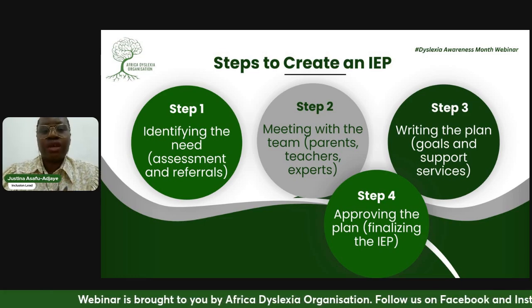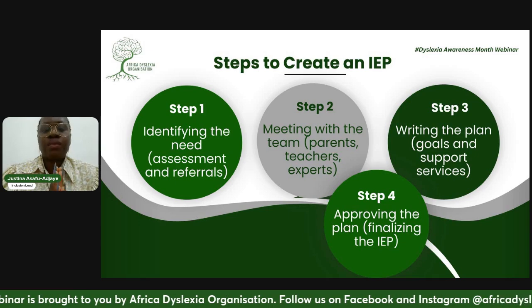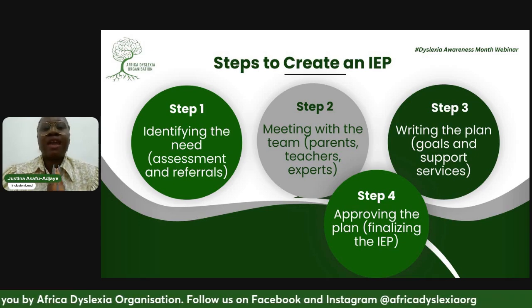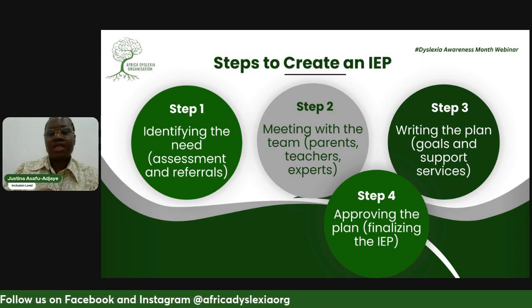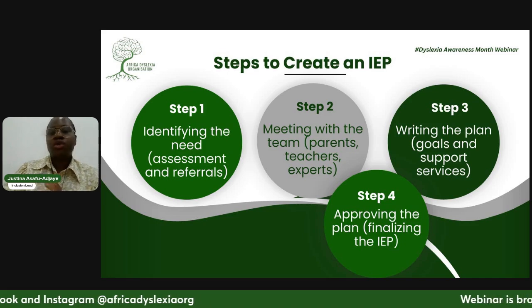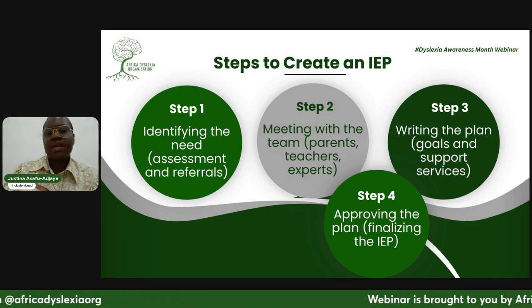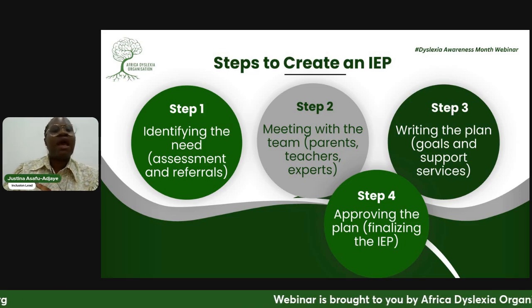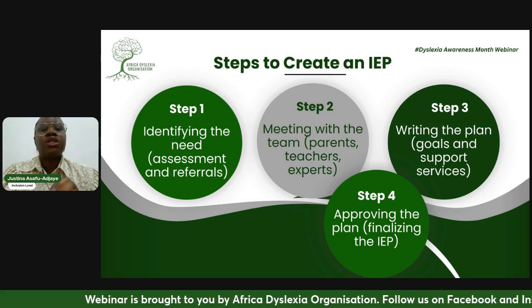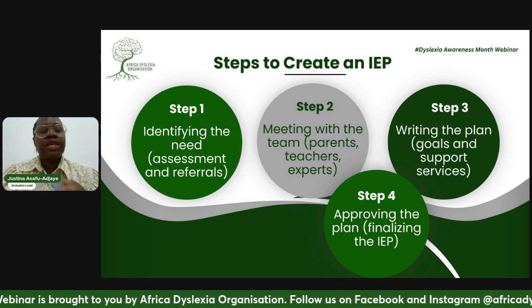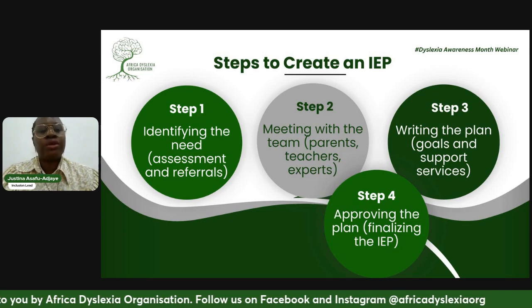Once all of that is agreed, then the IEP is approved, and that is the plan that everybody is working towards, everybody is working from. So every teacher that is teaching your child should have this plan in front of them as they're creating their lesson plans, and they should be incorporating these goals into their lesson plans so that everybody is continually working on these goals.